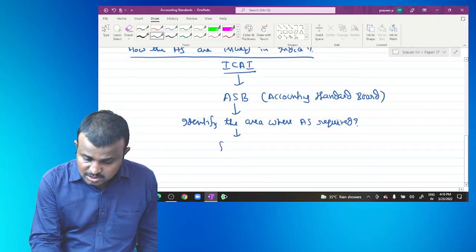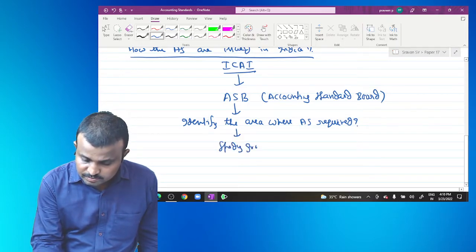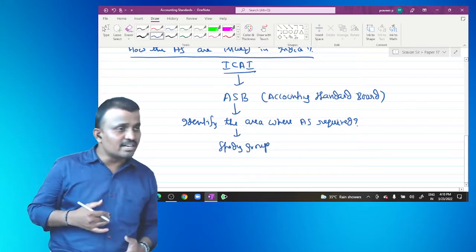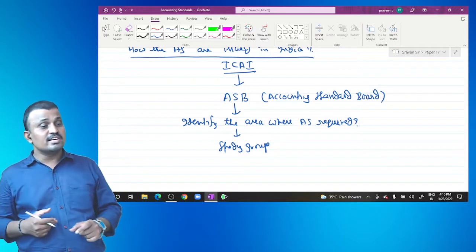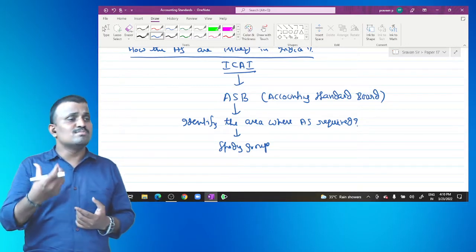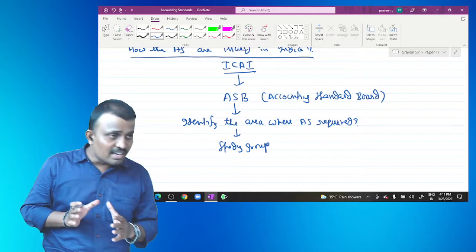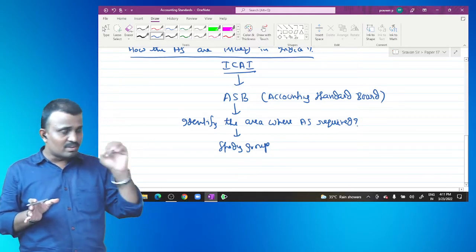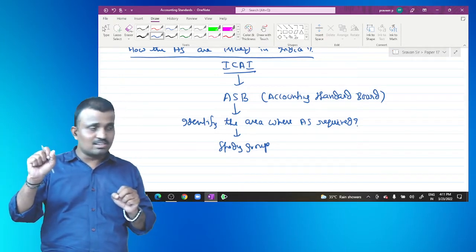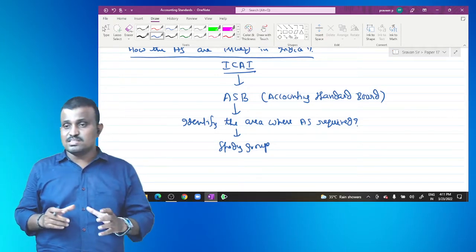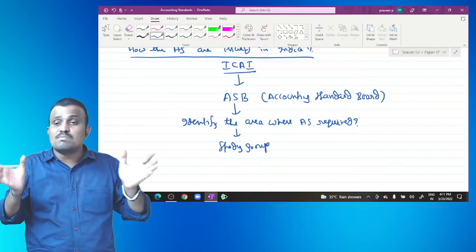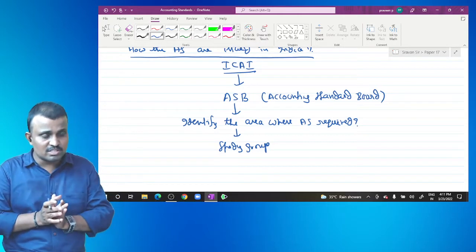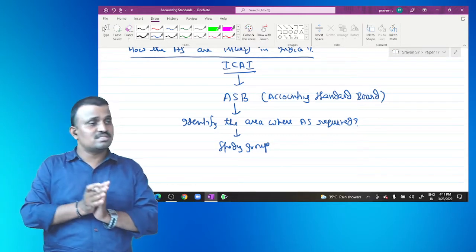It gives that area to the study group established by the Accounting Standards Board. In that study group there are any number of members: members from ICAI, members from CMA, members from ICSI, members from MCA, and members from the banking sector such as RBI, members from SEBI, etc. By combining members from the different bodies, one study group is established to frame the accounting standard.